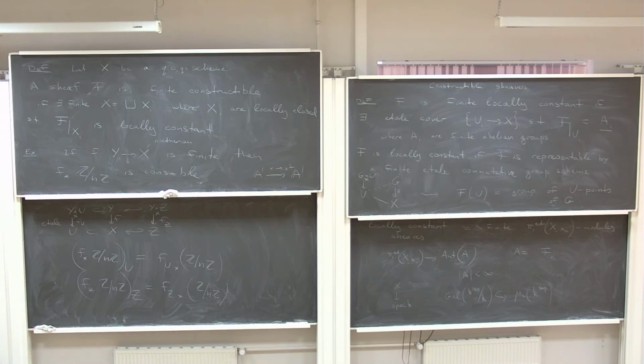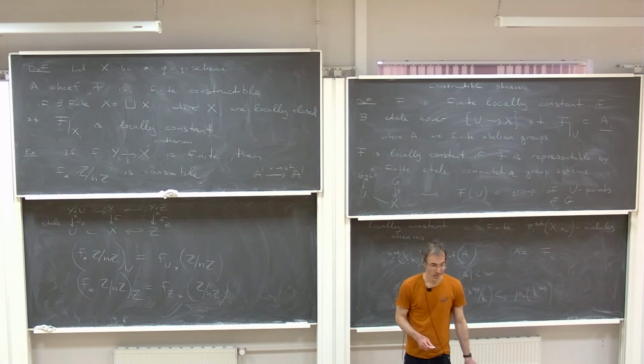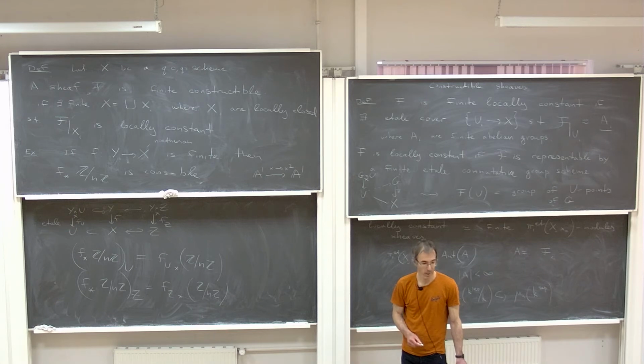Хорошо? Сейчас, вот Z, оно просто замкнуто. Почему локально замкнуто? Оно открыто. А любое открытое множество локально замкнуто по определению. Что означает локально замкнутый?